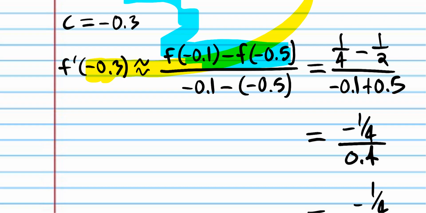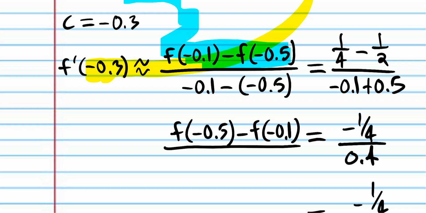As you can see, this is pretty easy. Now again, you could calculate by subtracting in this order, but you would have to reverse the order of the x values also.